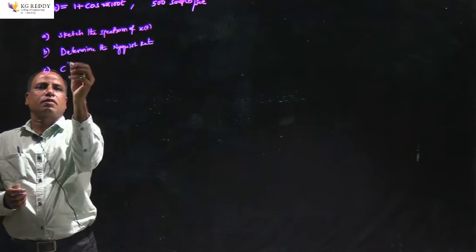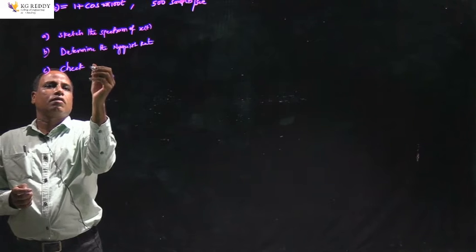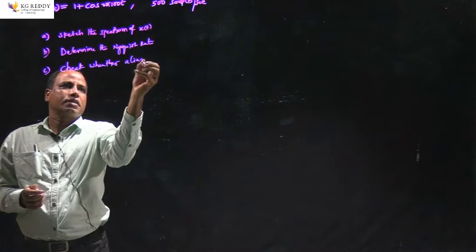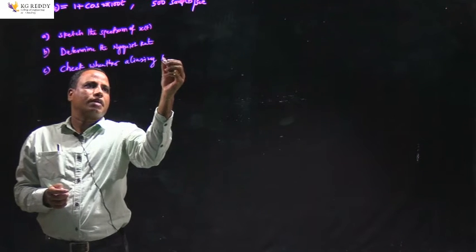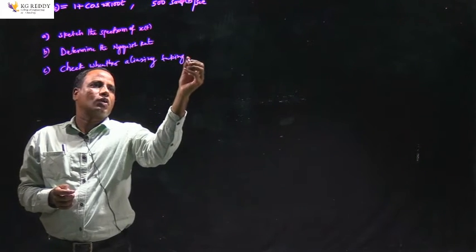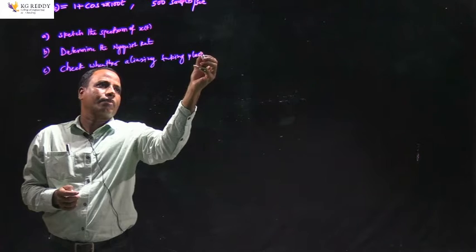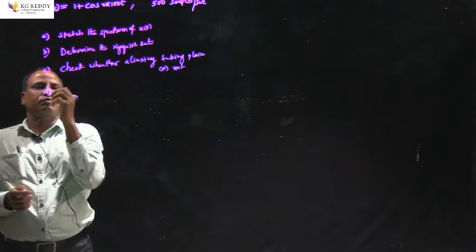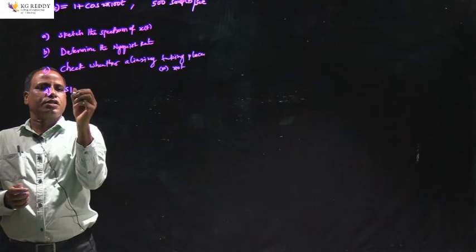C, check whether aliasing is taking place or not. And D, sketch the sampled spectrum.